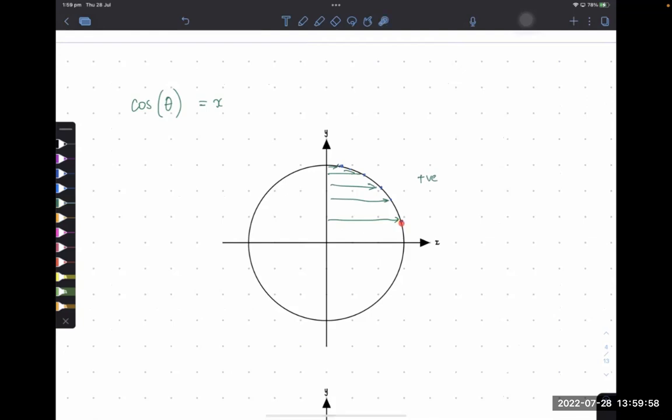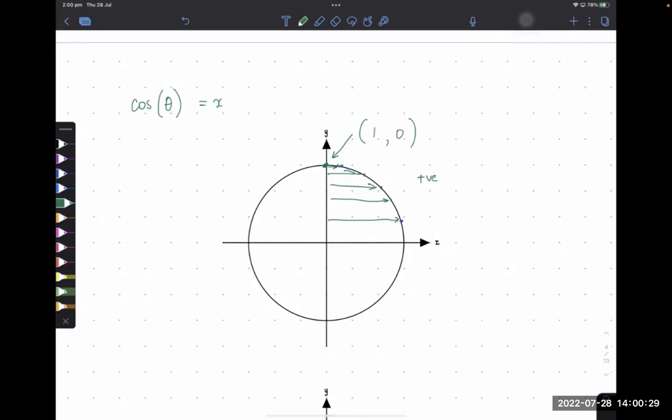If we continue around the circle up to this point, what's the coordinate?